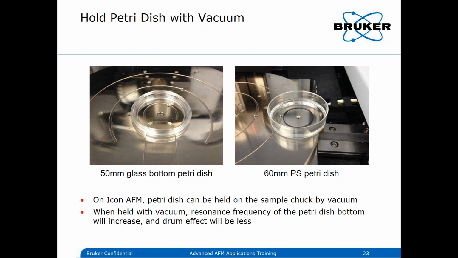One is using a glass bottom Petri dish, which has a very planar bottom, and where you can use the chuck vacuum to hold it down. Or, if you have a polystyrene Petri dish, for instance, you can put a small O-ring underneath it and then also hold it down with vacuum. Then this drum effect will be much less, and you are on the safe side. So this is much better if you need to work in a Petri dish.